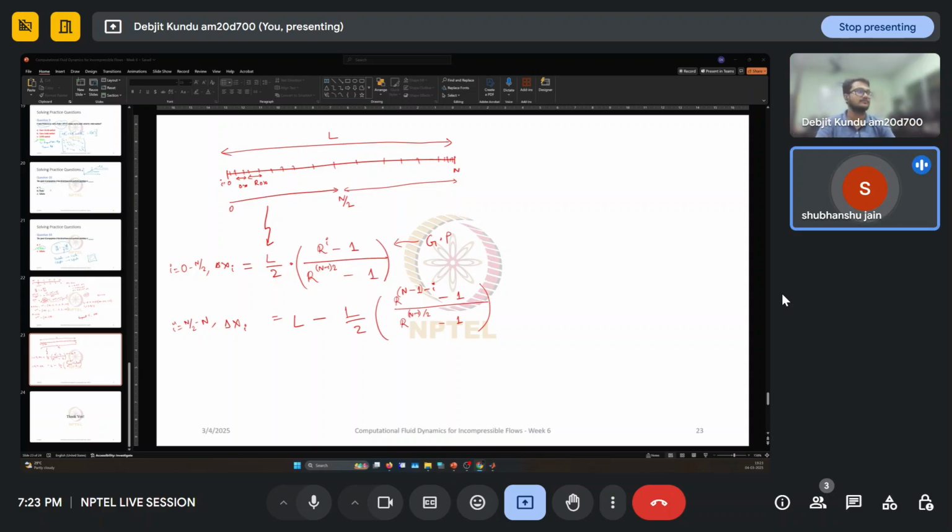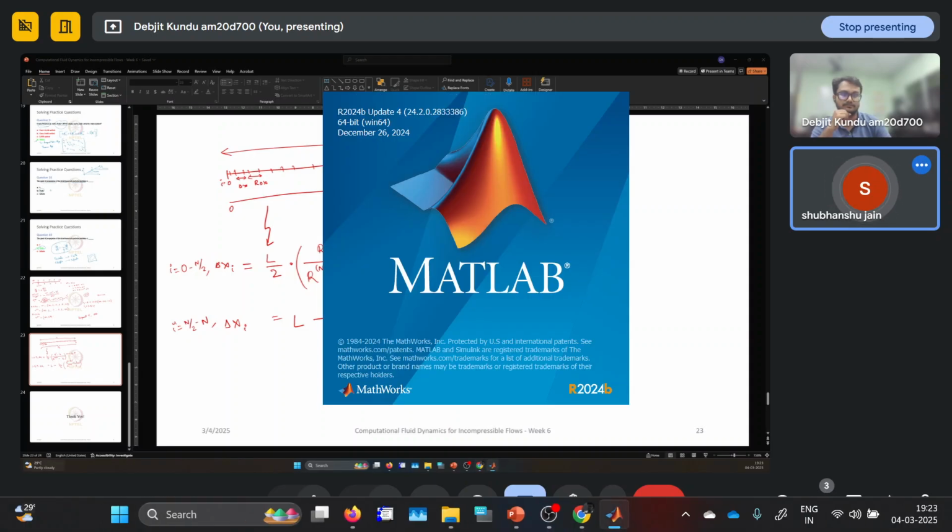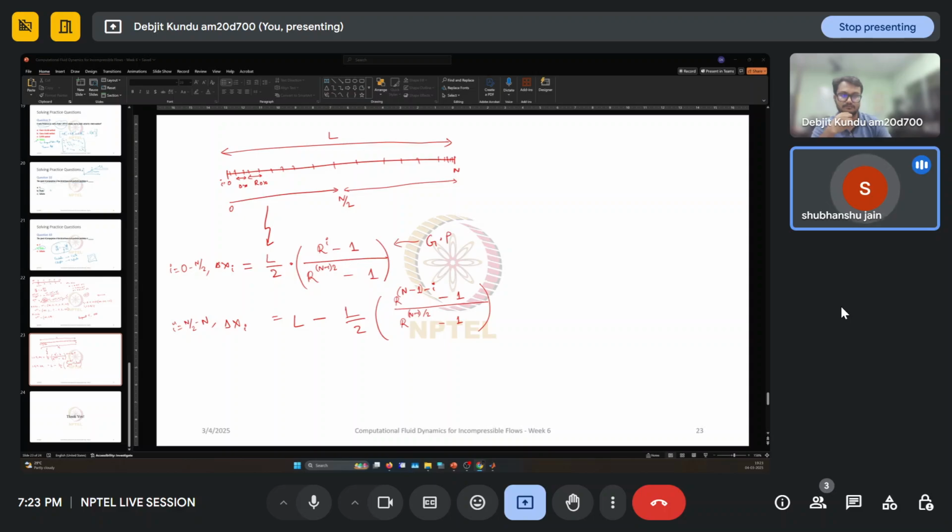Sir, I have just one question last. In the examination of CFD, is the level easy, medium, or tough? Similar to the assignments? Because I have opted for this course, and the credits and marks I get will be transferred to my college for grading.